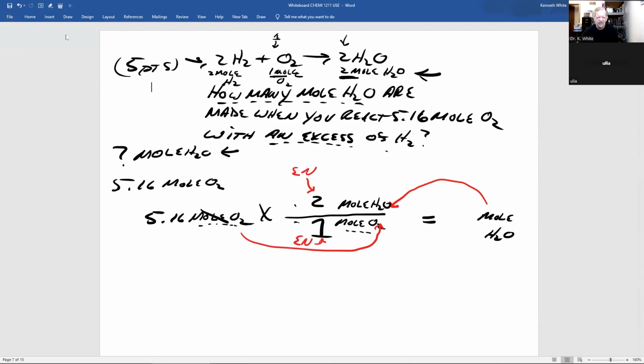And this cancels out because anything divided by itself equals the number 1. And I'm left with moles of water. So now I can pick up my calculator, turn it on, clear it, 5.16 times 2. You don't have to divide by 1. You know what that's going to get. And my calculator gives me this number.